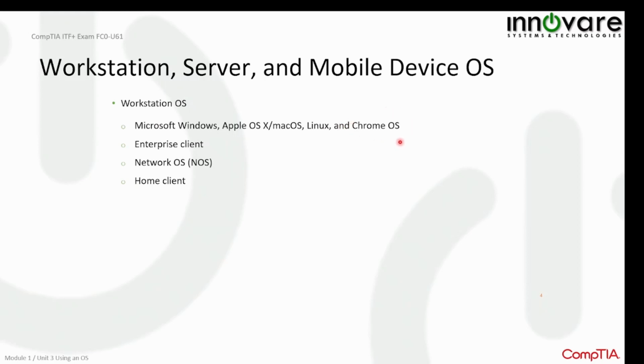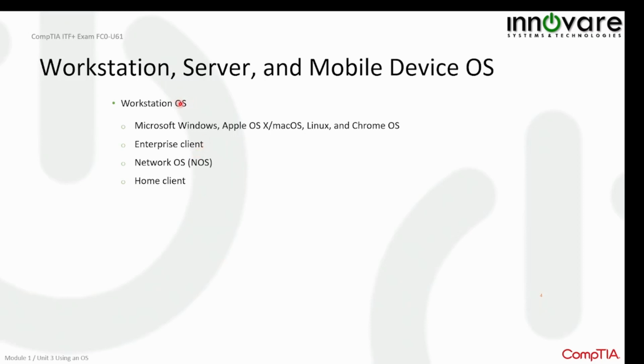Chrome OS from Google, if you're not yet aware of it. And then meron din mga workstation na we call enterprise client. These are operating systems that are used in business. Client that comes with different licenses as well, kaya client.